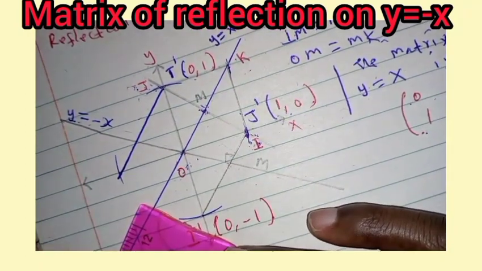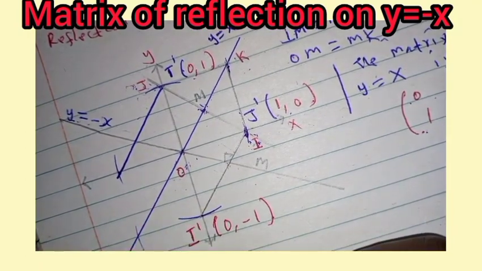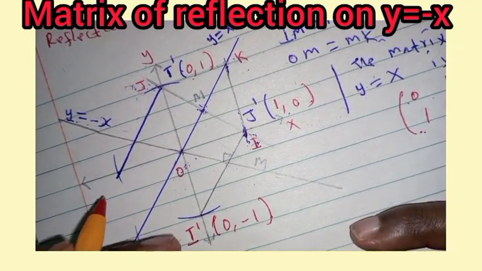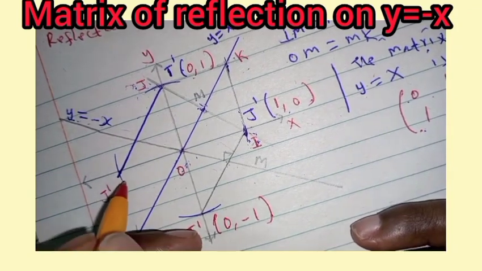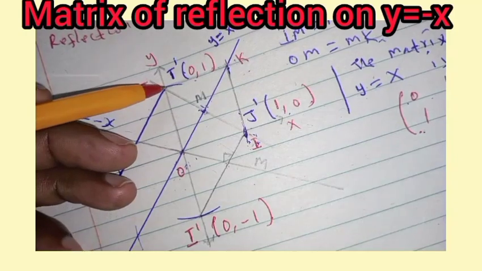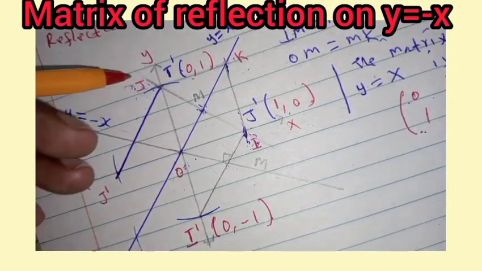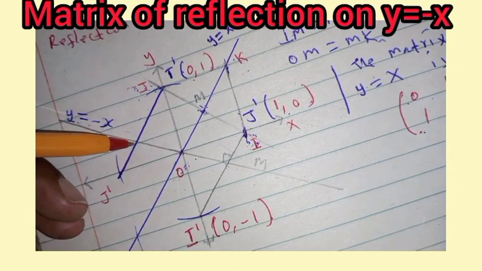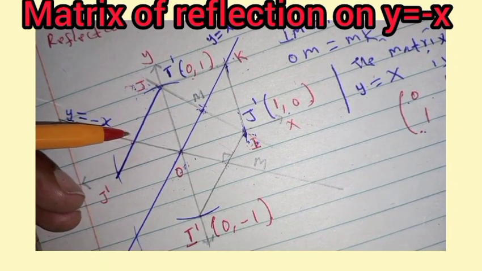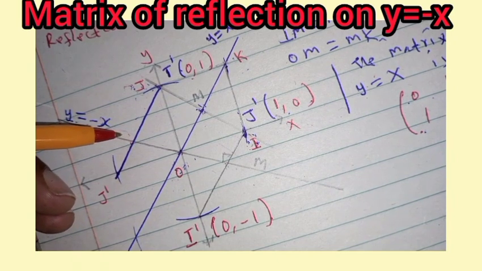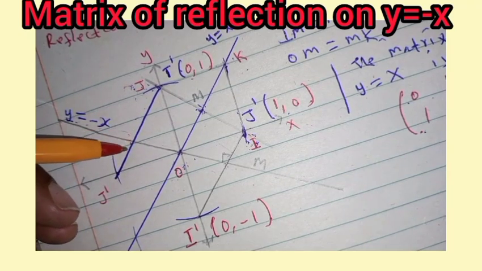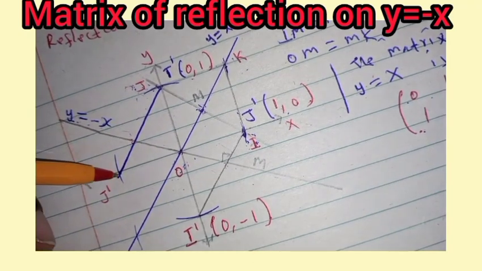So that way, this is our J prime there. So we are reflecting J, this point here, on this mirror line. So the distance from J to M should be equal to the distance from the mirror to this other side.